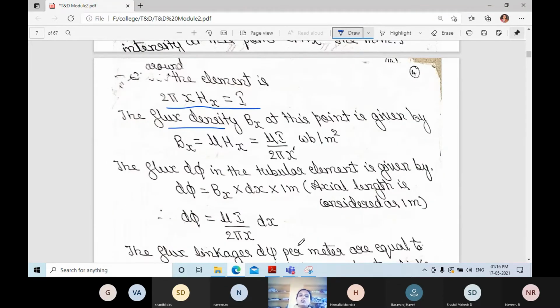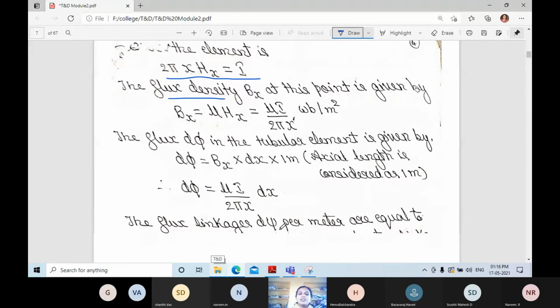We need to find out the flux here. First, the flux d phi in the tubular element is given by d phi is equal to Bx into dx into 1 meter. One meter is the axial length considered. So d phi is equal to mu I divided by 2 pi x into dx.